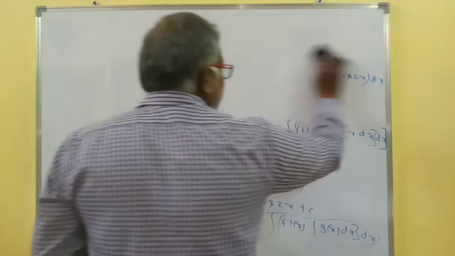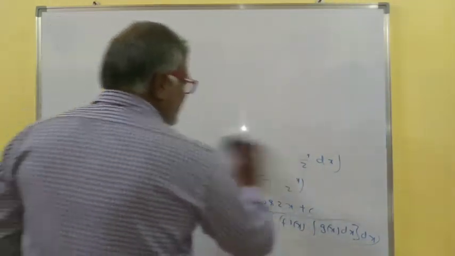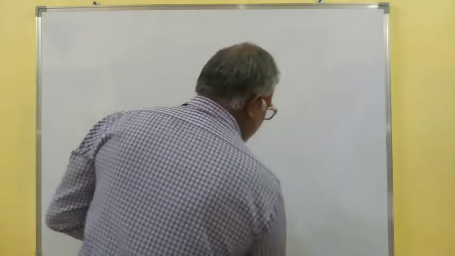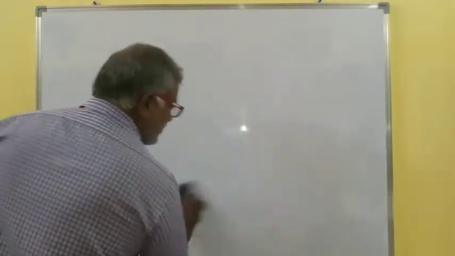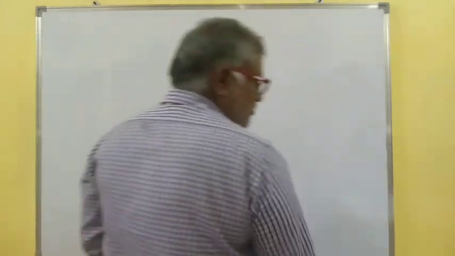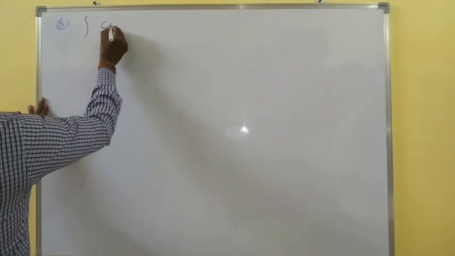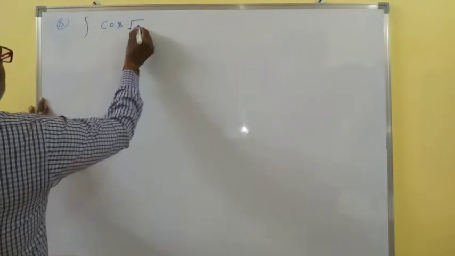So previously what did we do for e power root x? Put root x equal to t. Why do you have to consider this? We know the integral value of e power x dx. Here also, for cos of root x, we know the formula for cos x. Here the 8th one is integral of cos root x dx.